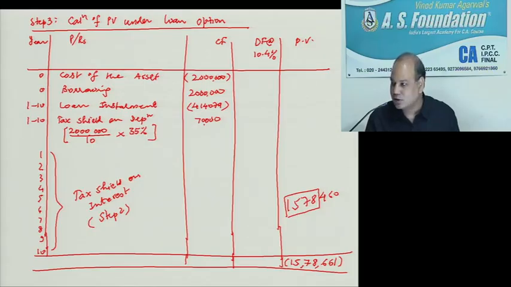The company should acquire diesel generating set on lease because the present value of cash outflow is lower. Assumption, one assumption write down.